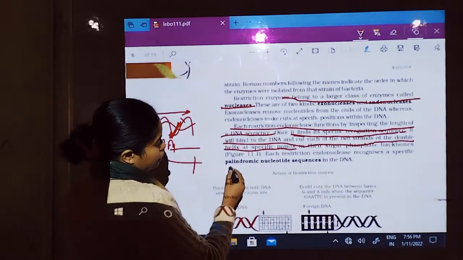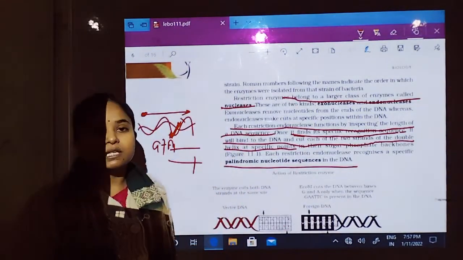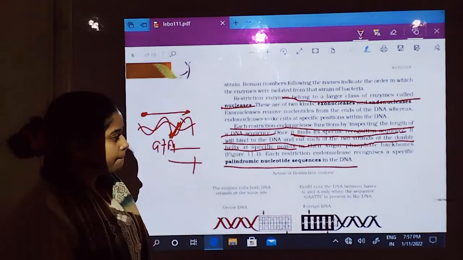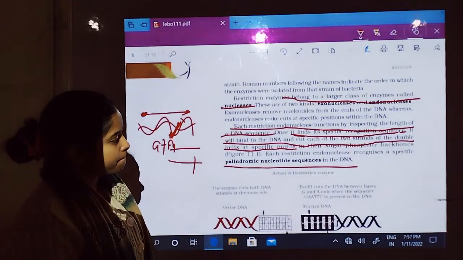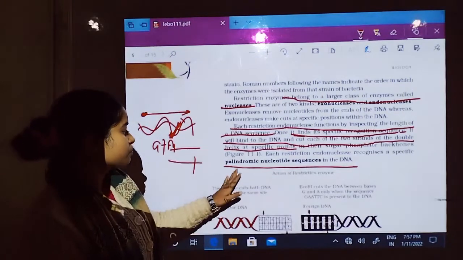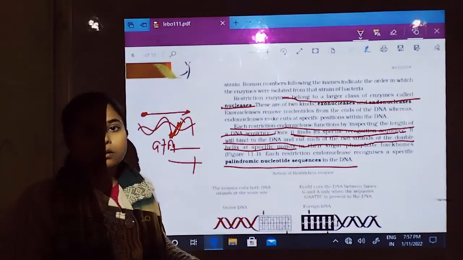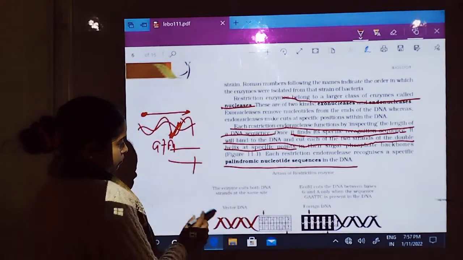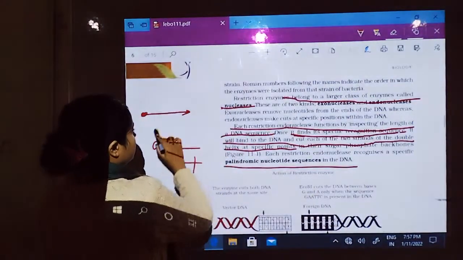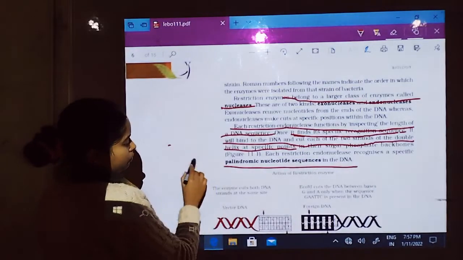That specific sequence is known as the palindromic sequence, which is present on the DNA double helical structure. A palindromic sequence is a sequence of nucleotides which reads the same when we read from left to right as when we read from right to left.